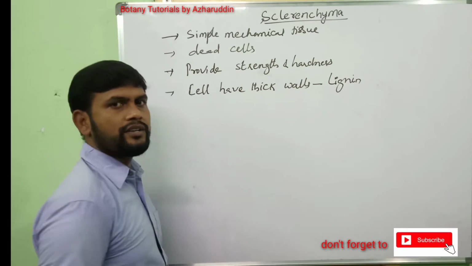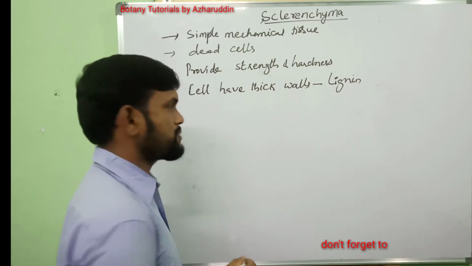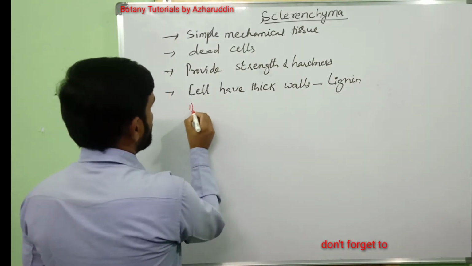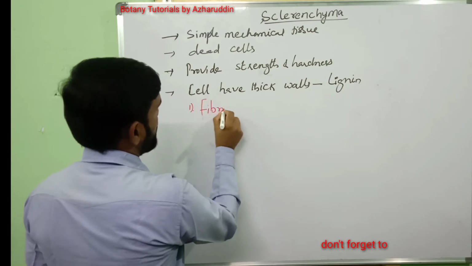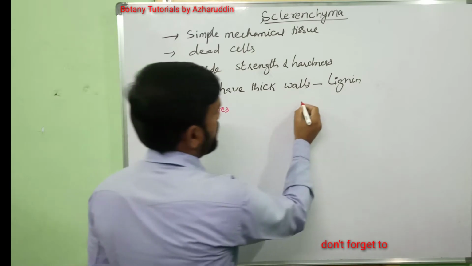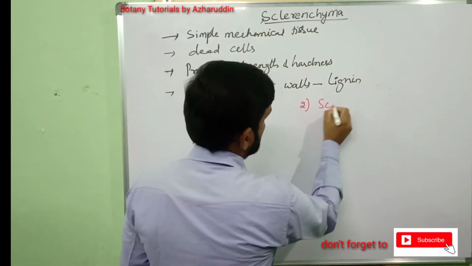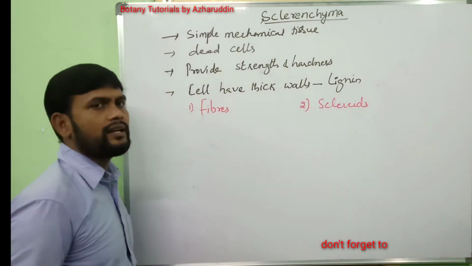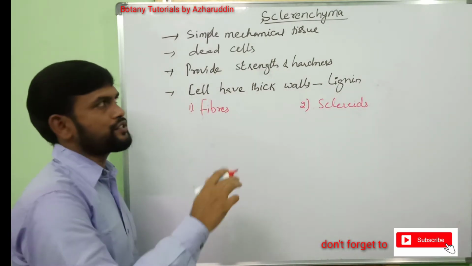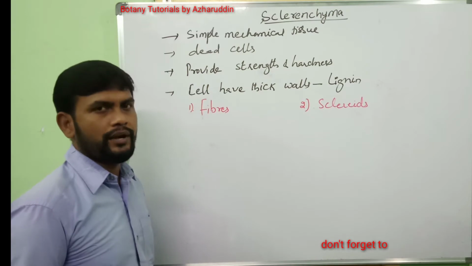This sclerenchyma is composed of mainly two types of cells. Number one, fibers, and second type of cells are called sclereids. These two types of cells are present in the sclerenchyma and they are distributed in different parts of the plant body.